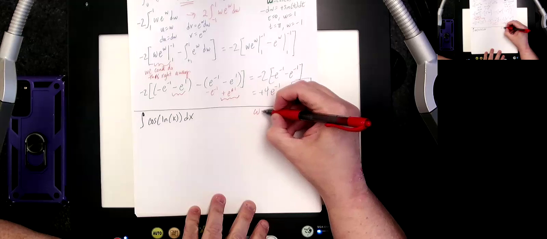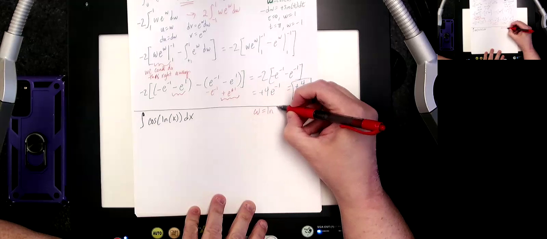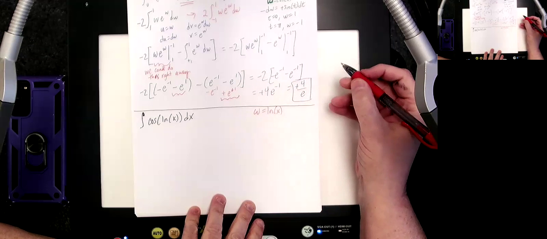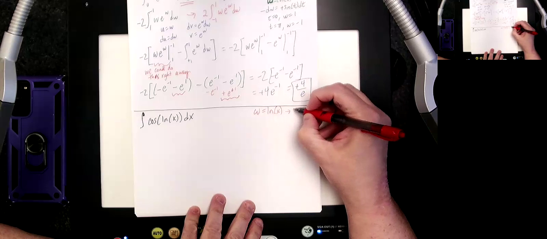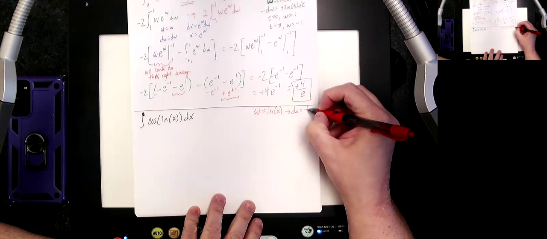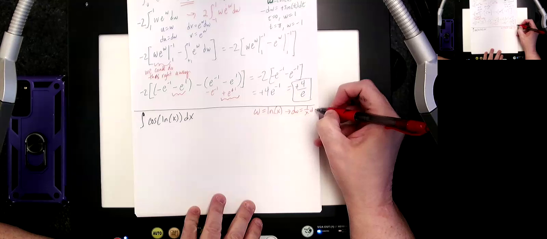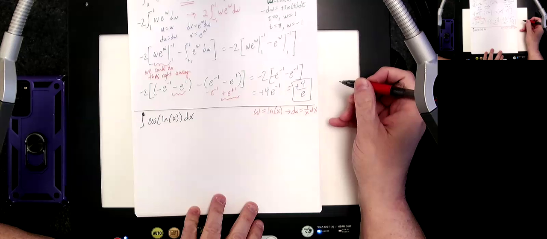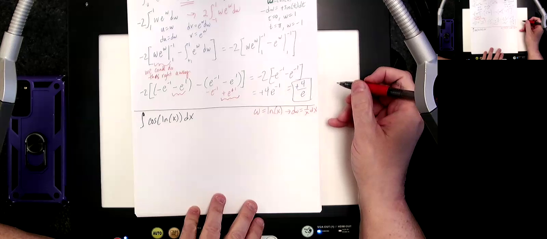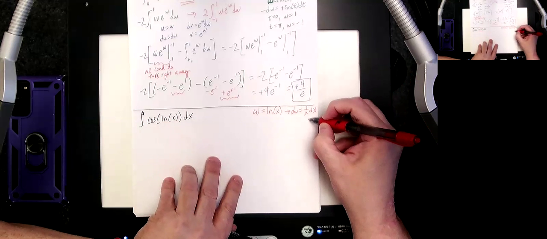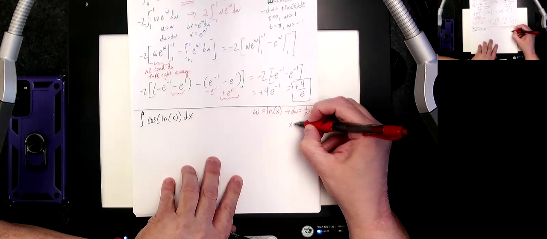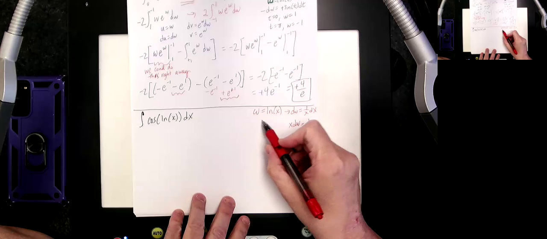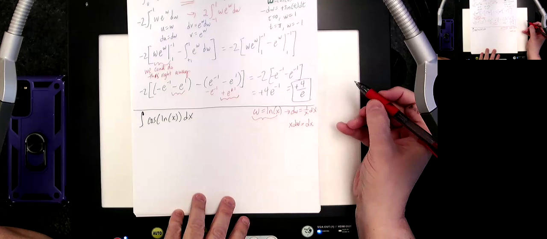All right, I'm going to say W because we're going to use U later. So W equals ln of x. So dW equals 1 over x dx. And I don't have an x, so I need to do something with it. I've got to clear the fraction, I got x dW. What is x from this?